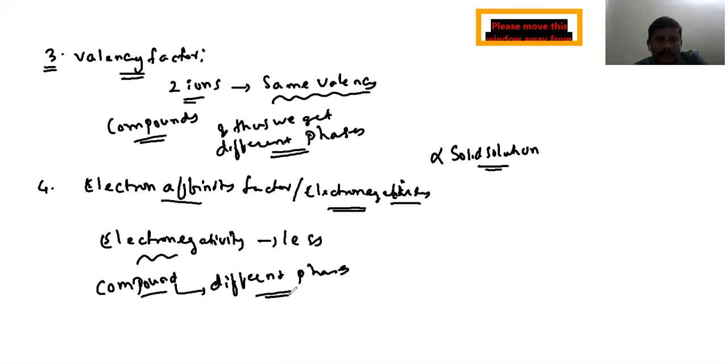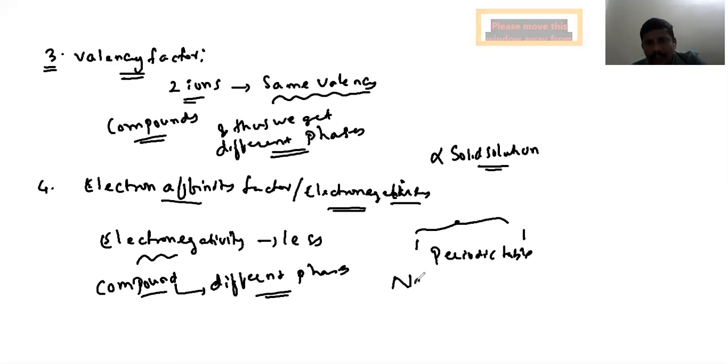If the elements are separated by a large distance in the periodic table, they cannot form a substitutional solid solution. Suppose you consider sodium and chlorine ions: they have a large electronegativity difference and form the compound sodium chloride.